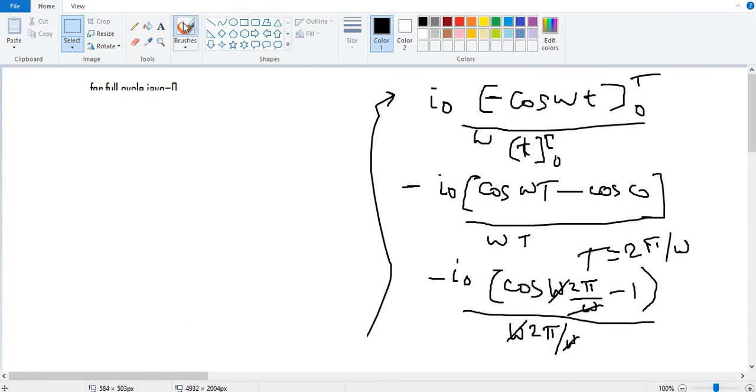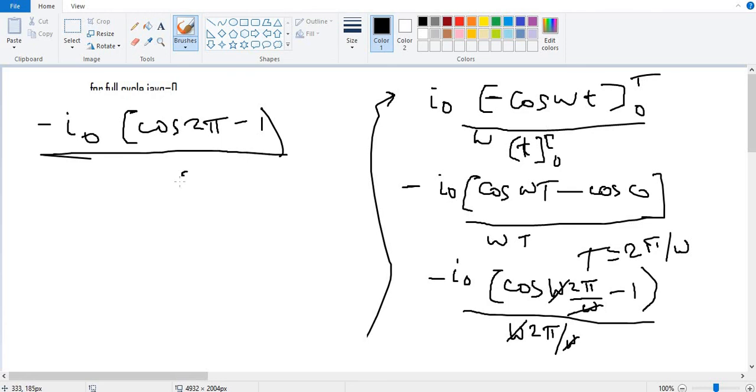After this, it will be minus I naught, and what is left is only cos 2 pi minus 1, by 2 pi. So here 2 pi is left, since t is equal to 2 pi by omega.